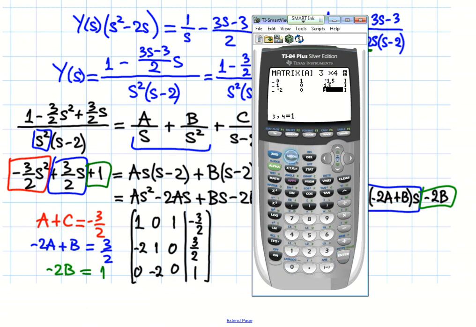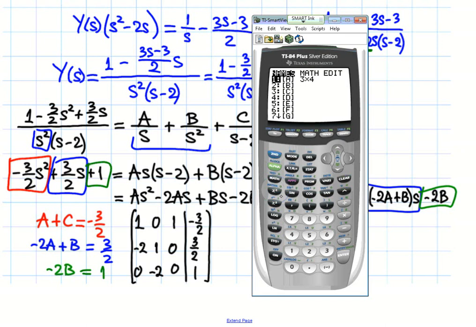Right. So when we hit second matrix, edit to input the matrix names to recall it, and right, so that's what we have.